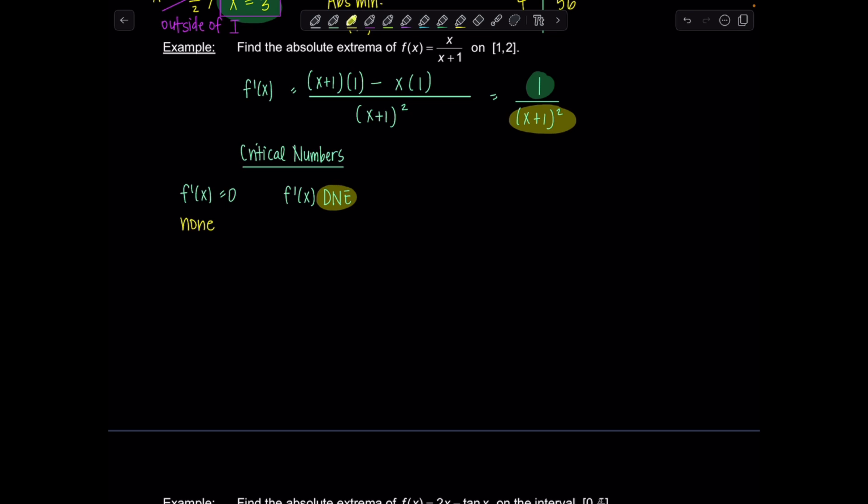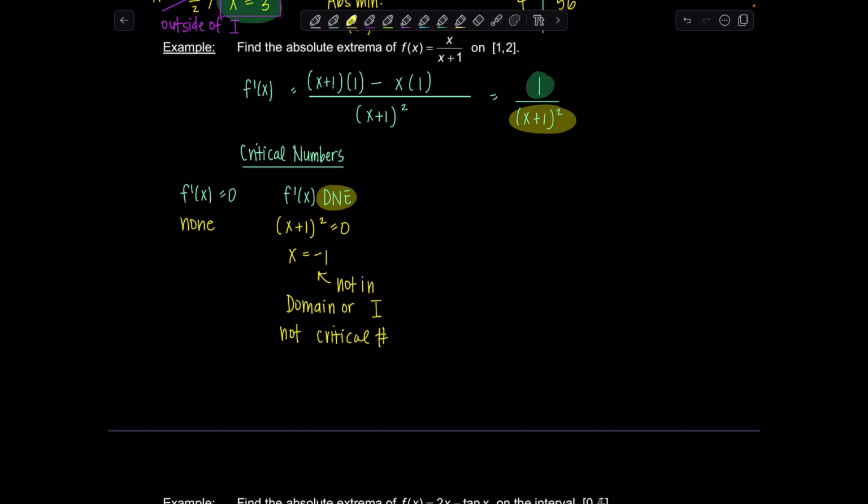So that would mean x plus 1 squared is 0. That happens if x is negative 1. But you guys, that's not in the domain of f, nor is it inside my interval I. So it's not a critical number. So we have no critical numbers.